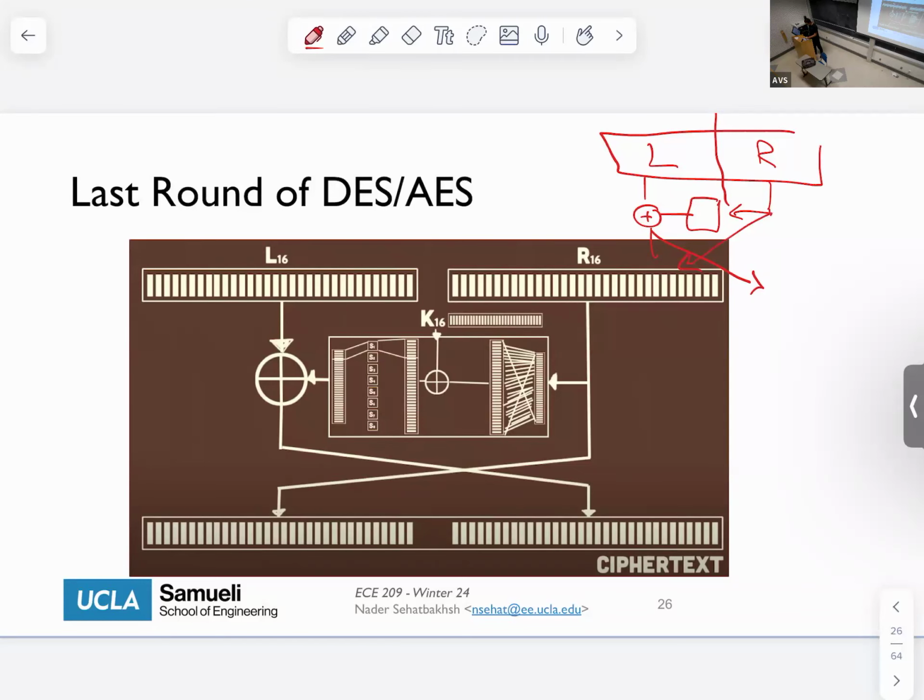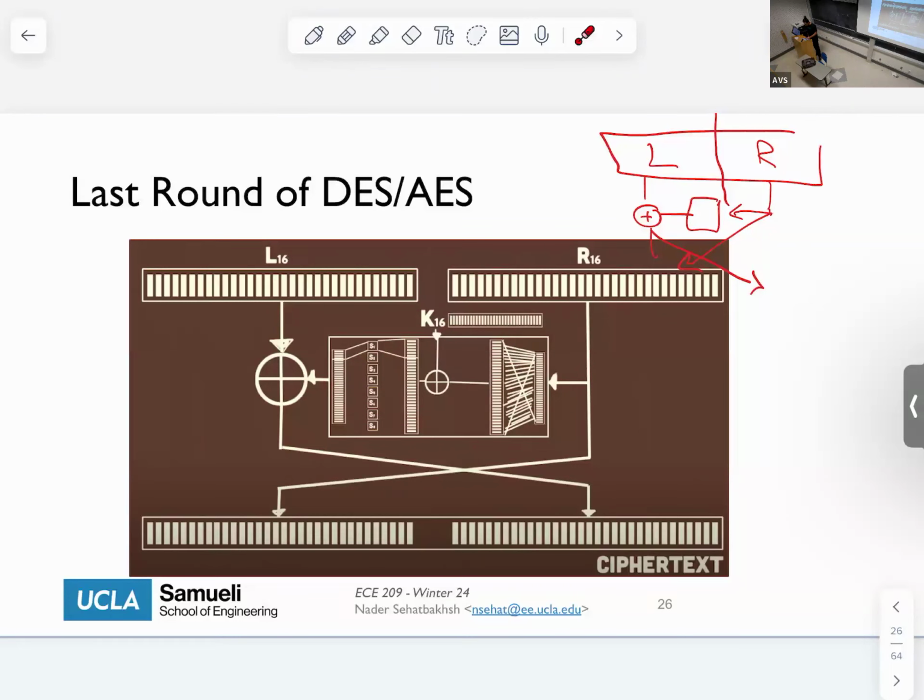The image I'm showing here is pretty much the same thing. This is the right part. The right part goes to this black box, which is an S box. The S box has two inputs: the right part and the key of that round, which we usually call the subkey. There are certain things happening in this S box that I'm going to describe later.